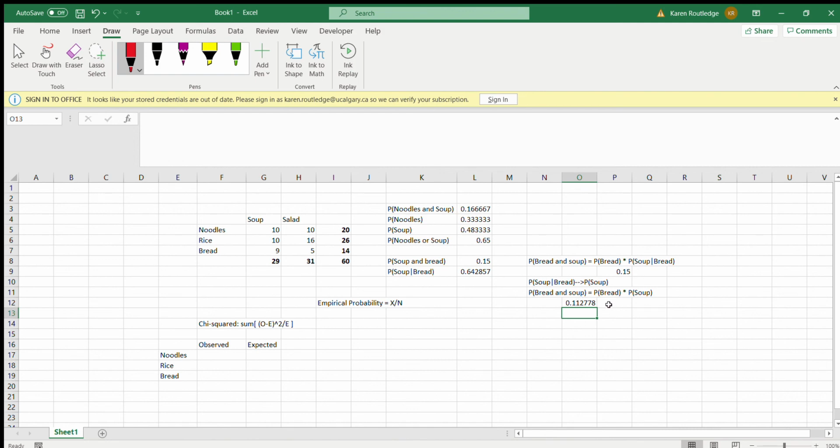They are not the same, which on some level indicates that the assumption of independence is incorrect. There is a dependency, there is a relationship, there is an interaction between the two variables. So our bread probability did have an effect on our soup probability.